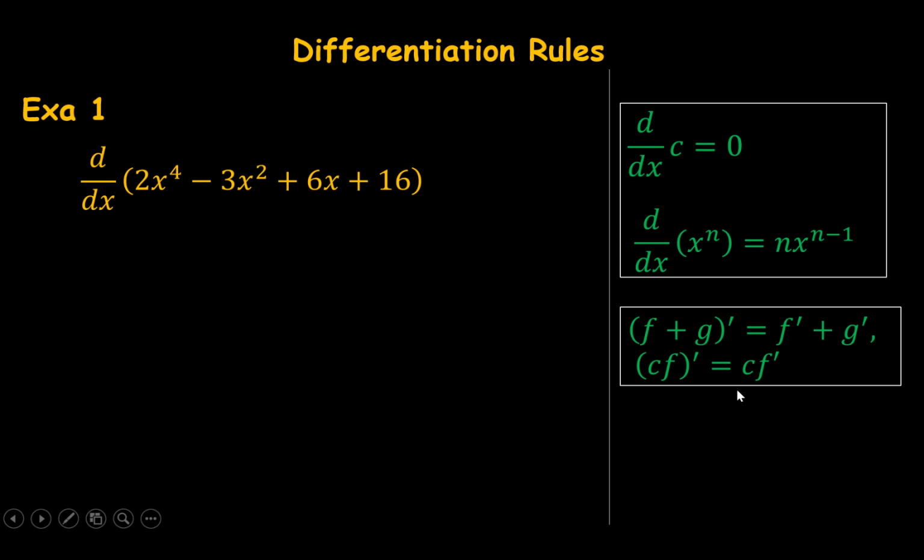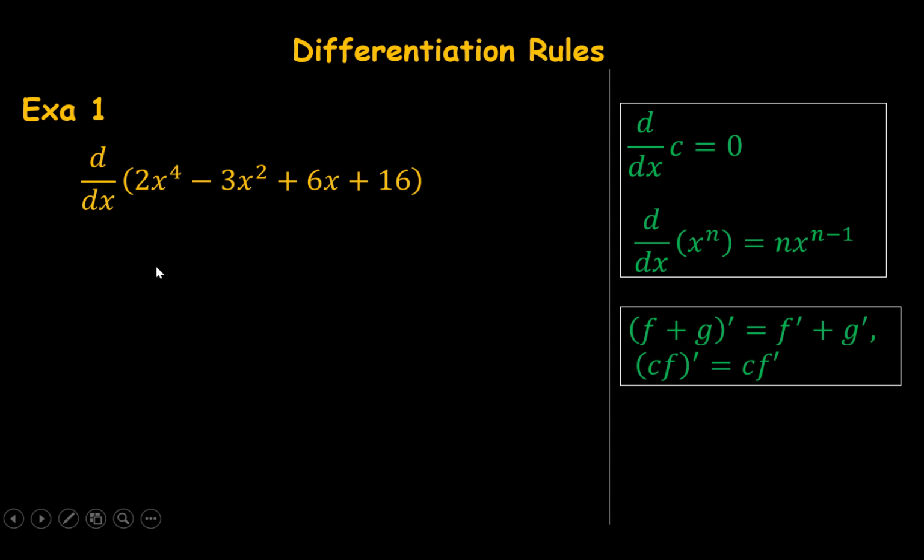All right. Now these simple rules are already enough for us to solve this problem. First, by this summation rule, you can just split this into the derivative of the individual terms. And then for each term, you can take the constant out because of this property here.